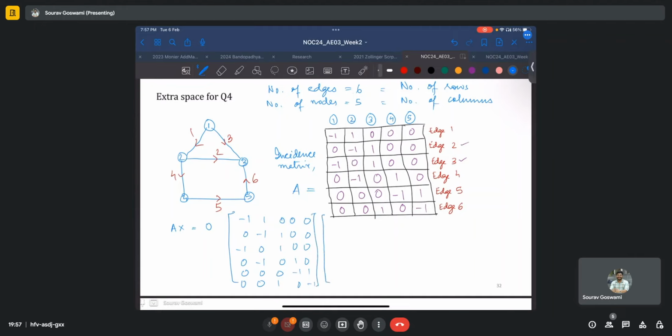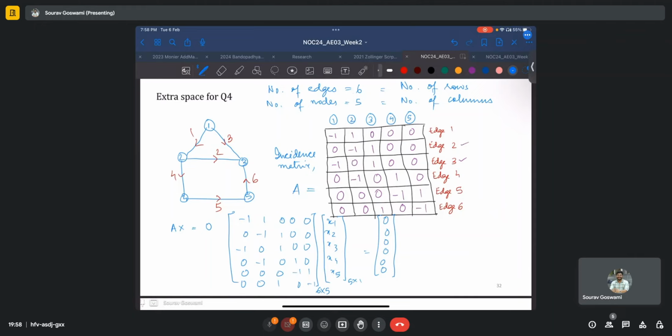This is 6 cross 5. I should have 5 cross 1, say x1, x2, x3, x4, x5.